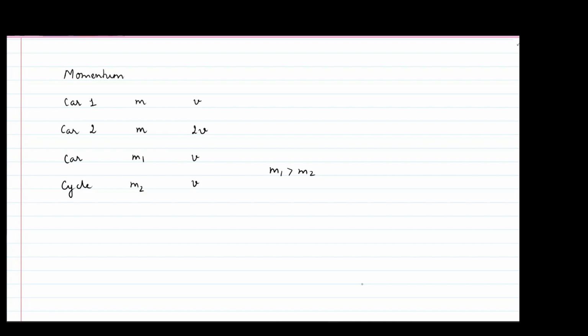All this clearly indicates that the mass and velocity of a body play a very crucial role in the force with which an object hits, right? So we combine mass and velocity and give it another name, and that is called momentum.